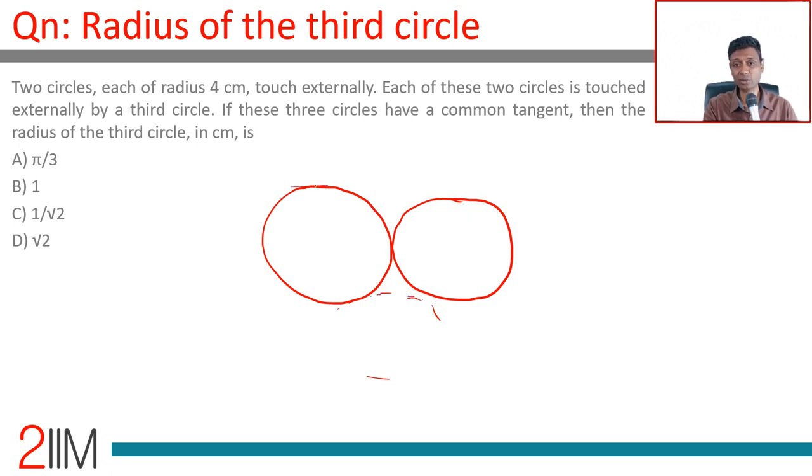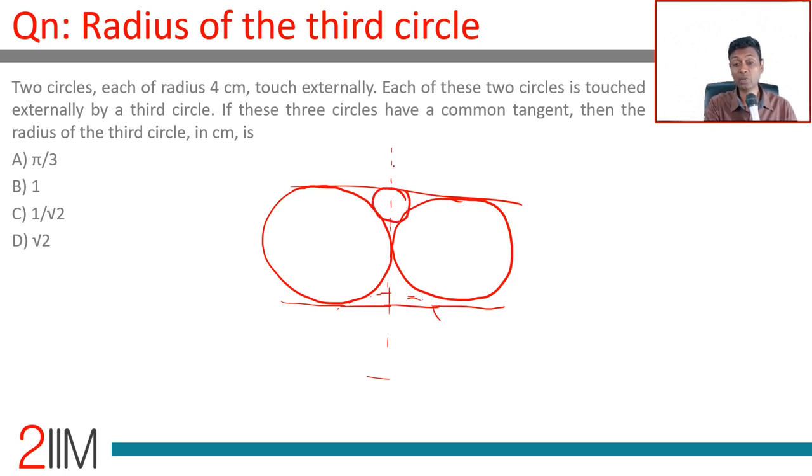A common tangent to these two is either this or this, or the tangent in between. Three common tangents. We have to draw a third circle for which one of these lines also happens to be a tangent. In other words, we are being asked to draw a circle like this.